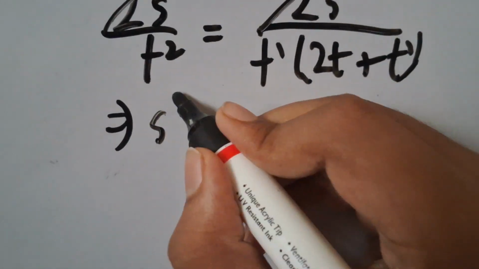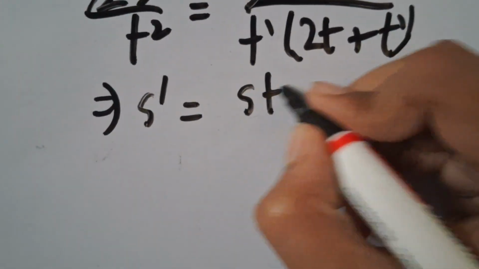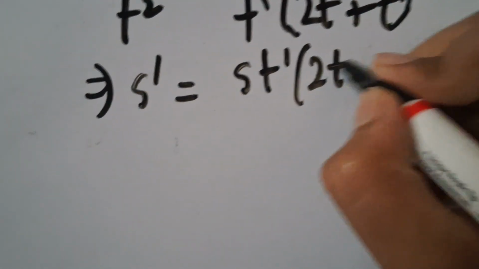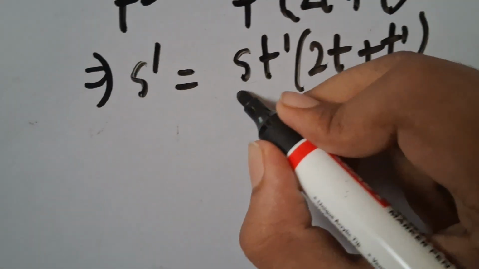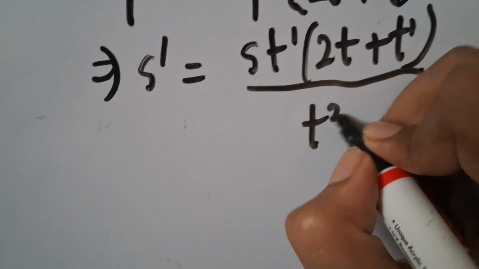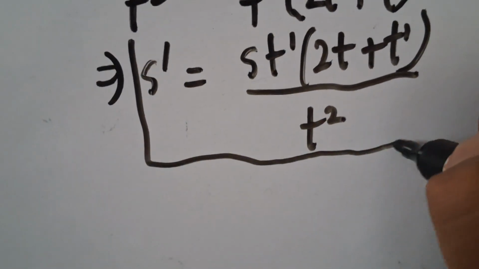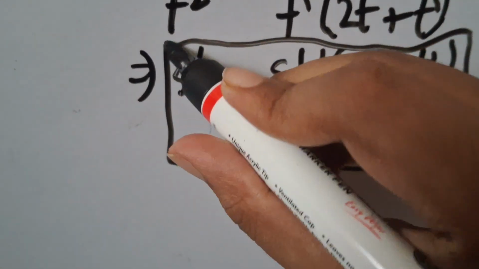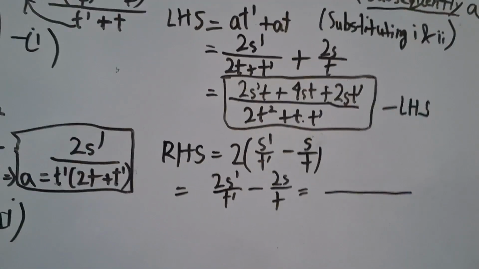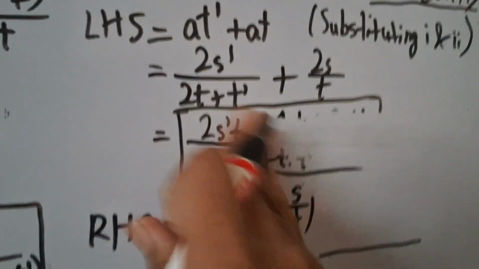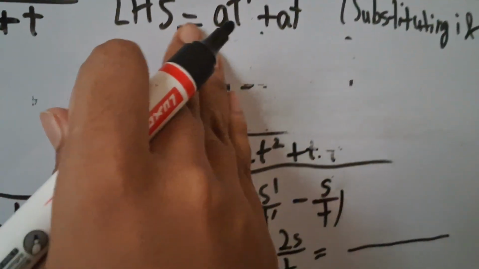Now cross multiply, and we're going to get s t dash into 2t plus t dash by t. This is probably the most important formula in this whole question, because we're going to get something else. We have missed a big trick, that's why we have to do this part once again.